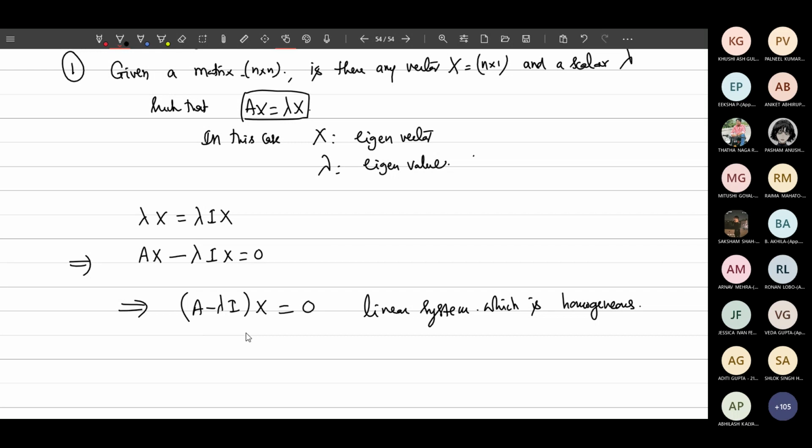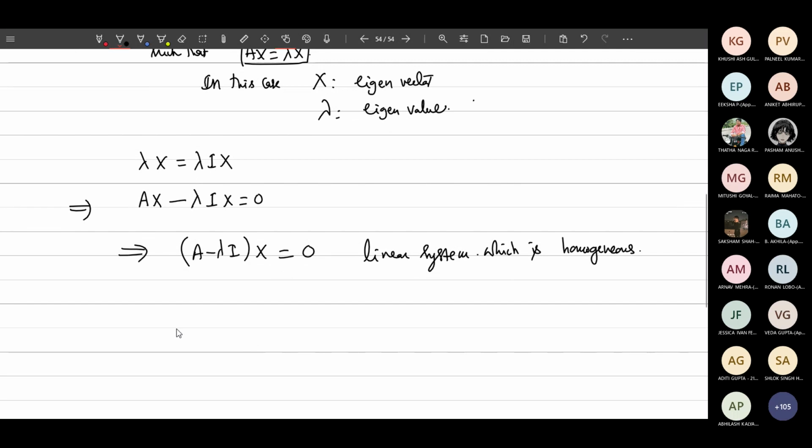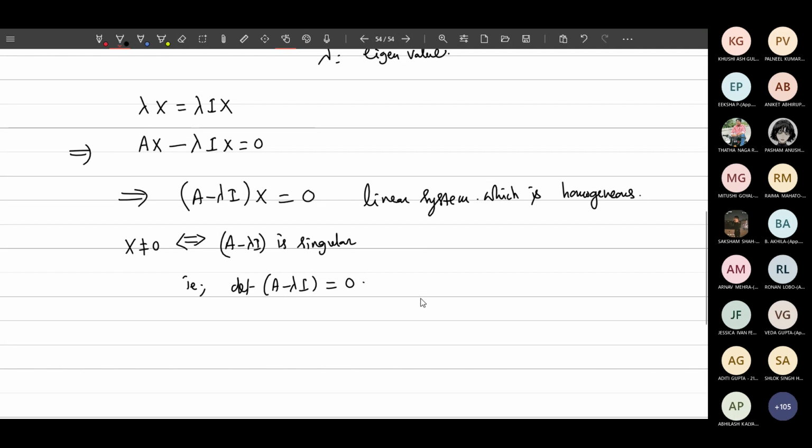If you get a non-trivial solution to this, that means x is non-zero, provided A minus lambda I is singular. So the determinant of A minus lambda I is equal to 0. Now I'll go to an example, a simple example, of how to find these values.